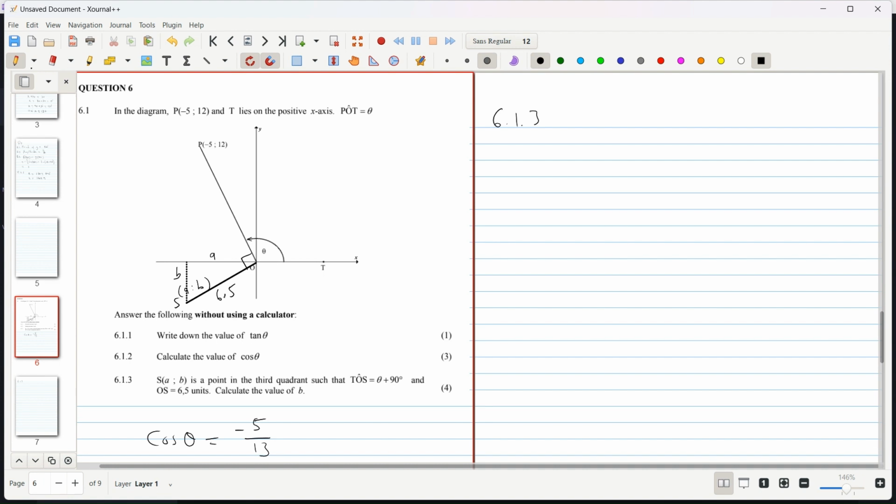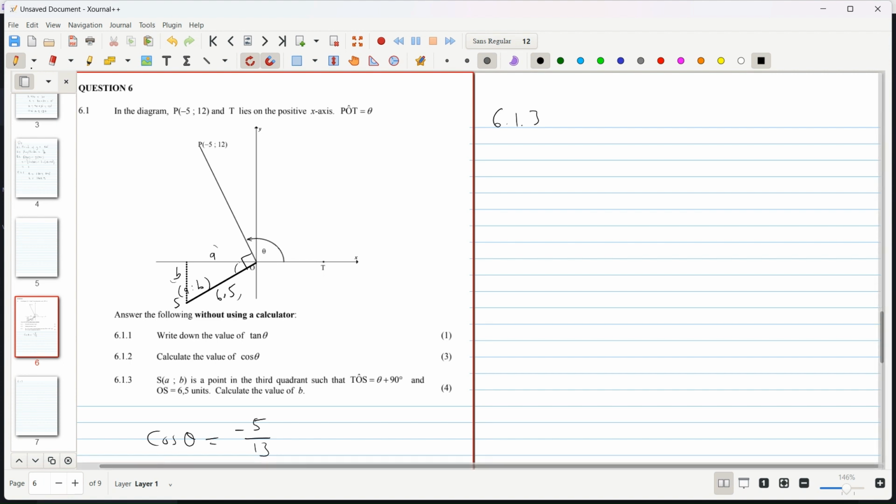If you look at the angle that we drew in the third quadrant, B is the opposite side, this is the hypotenuse, and this is the adjacent.